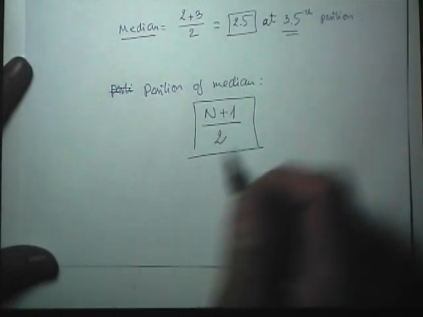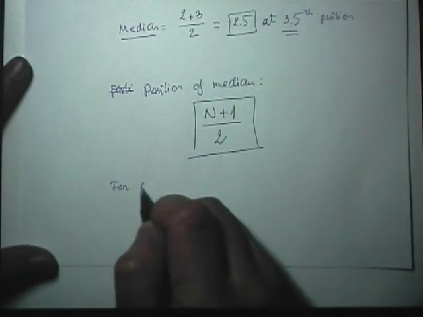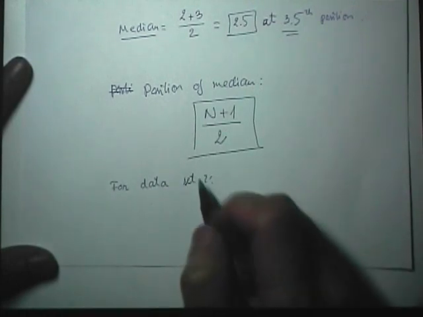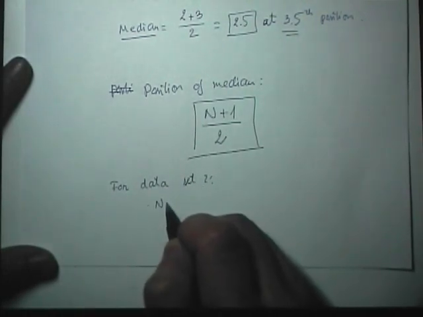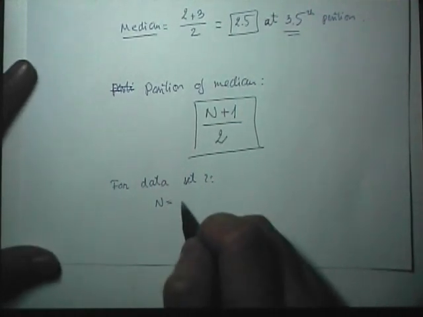So, for example, back in my data set number 2, once again, the total number here is 19, isn't it?